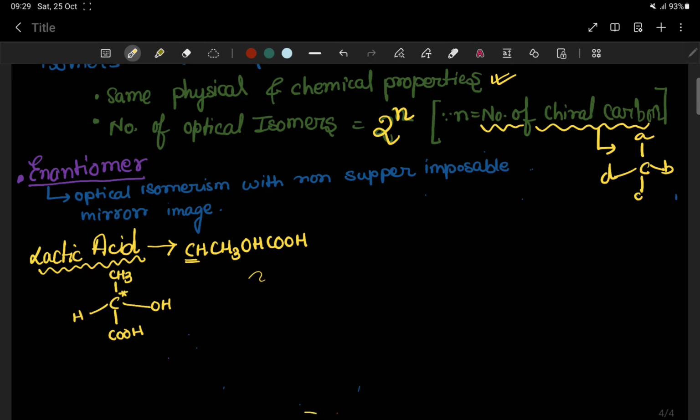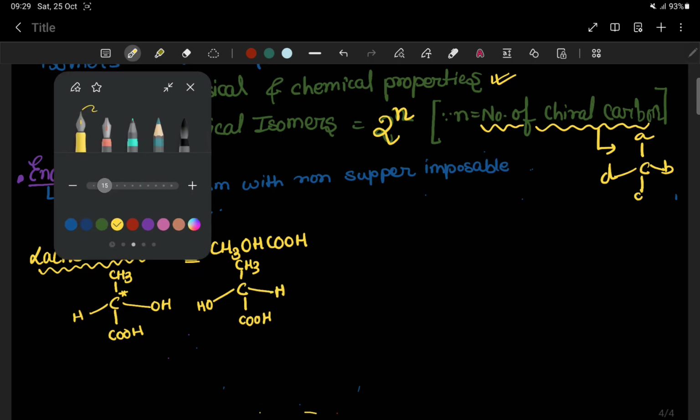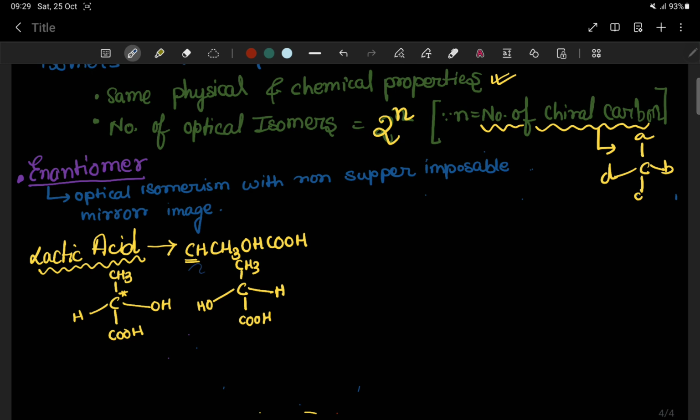Another form which can happen is just the interchange of this OH and H. How? CH3 as it is, COOH as it is, but it would be the mirror image. So it is OH here and H over here. Let me draw the mirror.